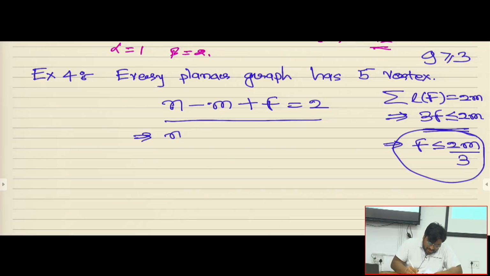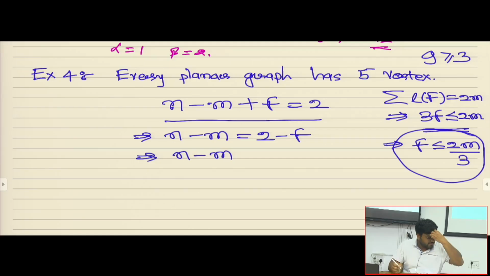We have n minus m equals 2 minus f, and we have n minus m is greater than or equal to 2 minus 2m by 3.